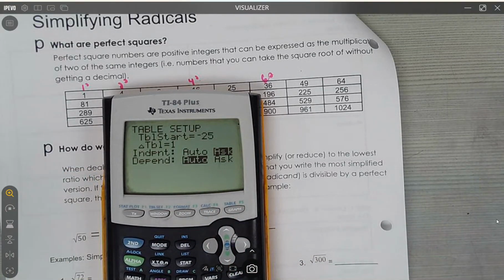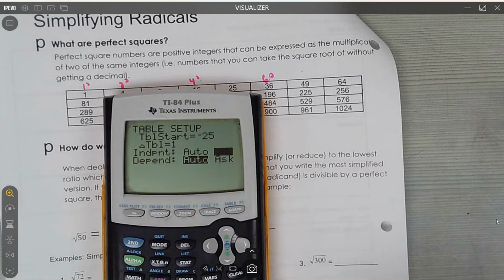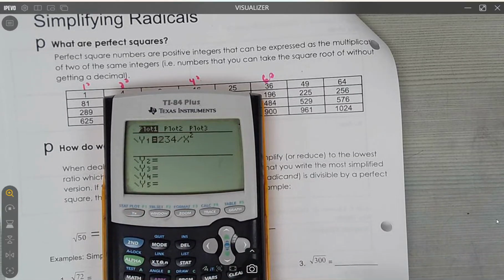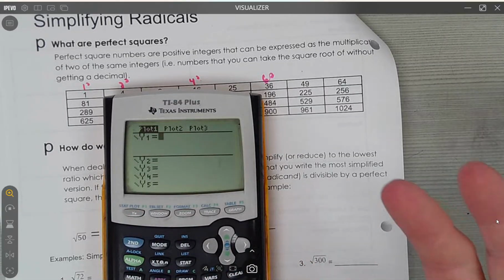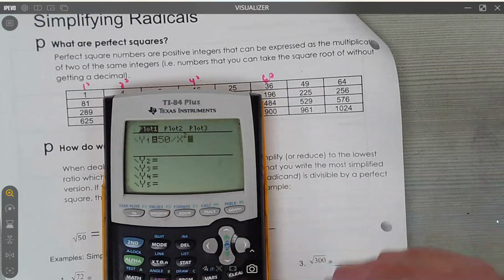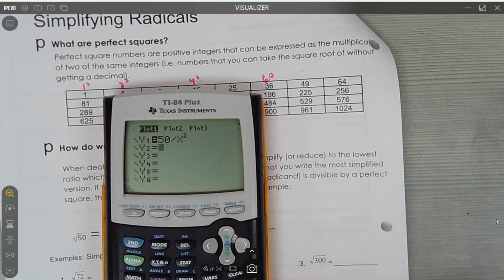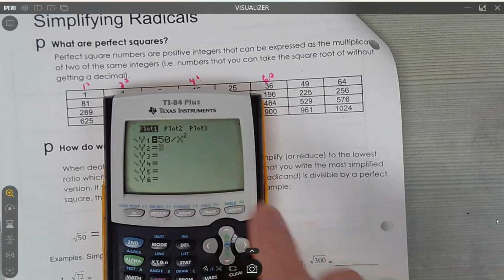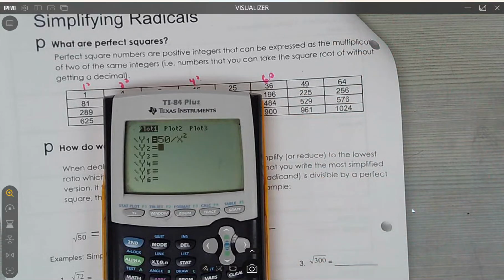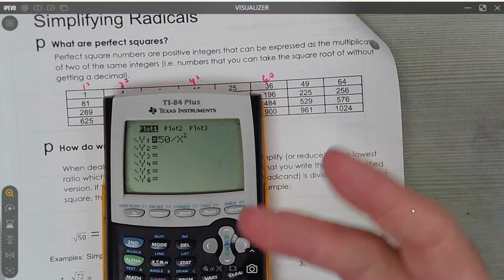So we're going to use the calculator to help us find the largest perfect square. Now press Y equals, and I'm going to type the number, 50, and divide it by x squared, and press enter. The reason I'm dividing by x squared is I'm trying to figure out which of 1 squared, 2 squared, 4 squared, 5 squared, 6 squared is the largest that goes into it.